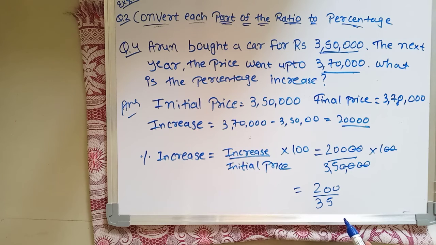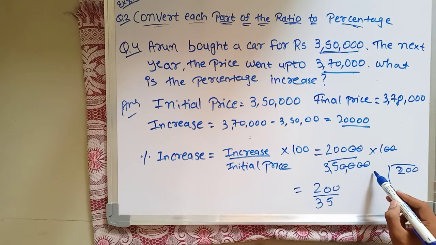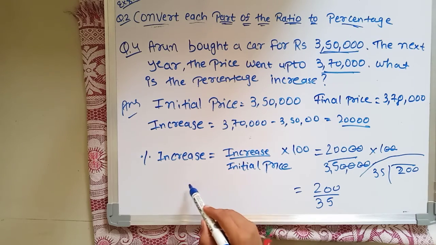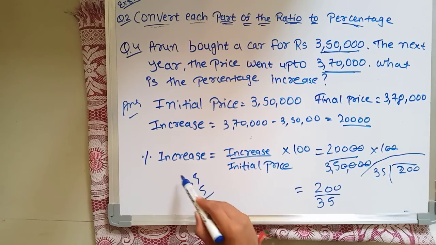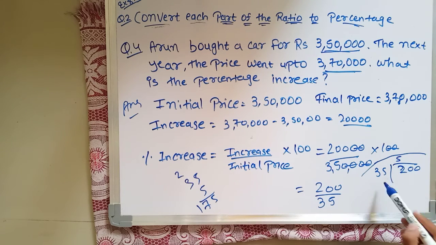So what is the answer? Let's divide. We divide here. 200 divided by 35. Okay, 35 times 5: 5 fives are 25, 5 threes are 15, plus 2 is 17, so 175. We take 35 times 5 is 175 because it is smaller than 200.